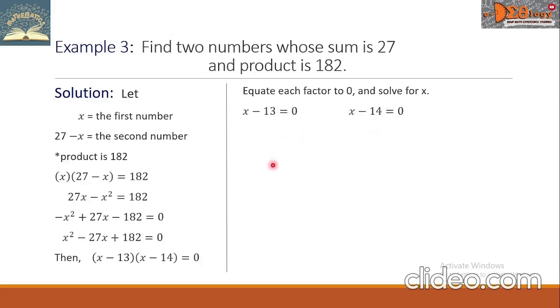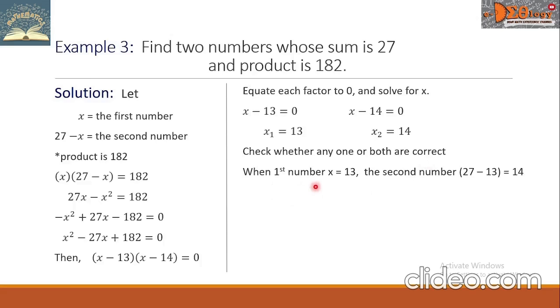In the first equation, x sub 1, or the first value of x, is positive 13. In the second equation, we have x sub 2, that is the second value of x, which is 14. Now let us check whether any one or both are correct.